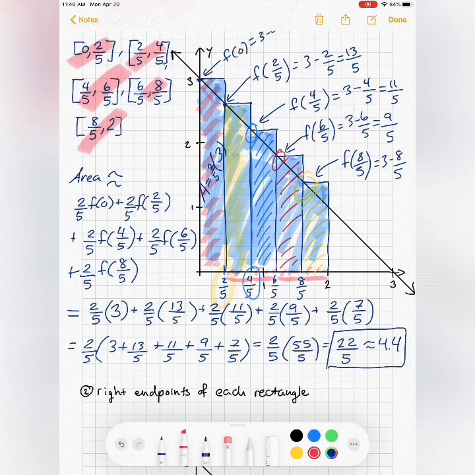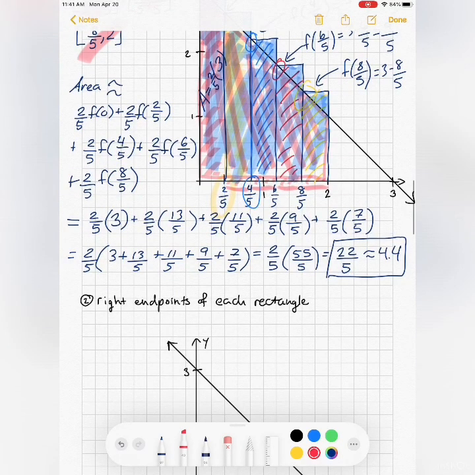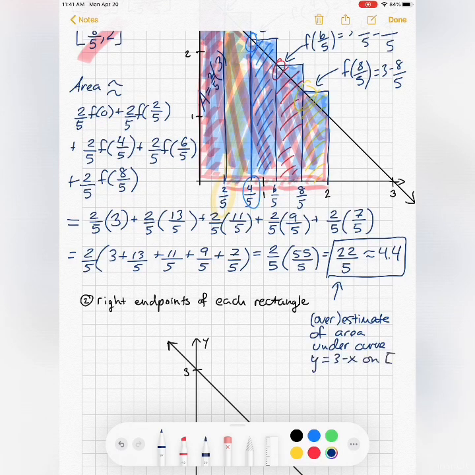Because that's this area, yeah? Just that area. So what I actually found here is an estimate, actually an overestimate of the area under the curve on the specified interval.